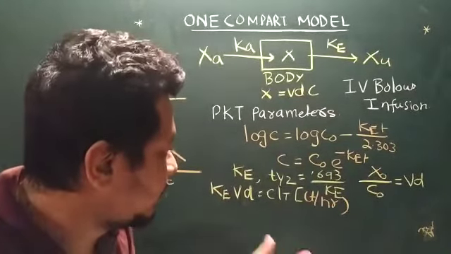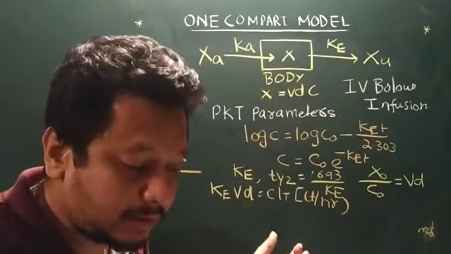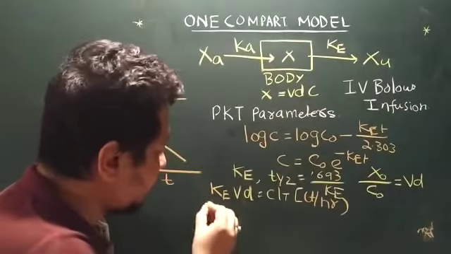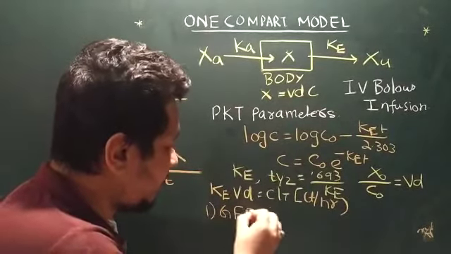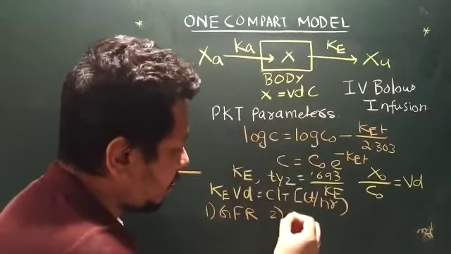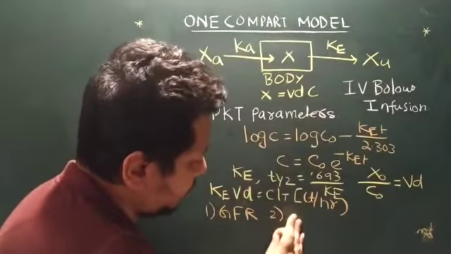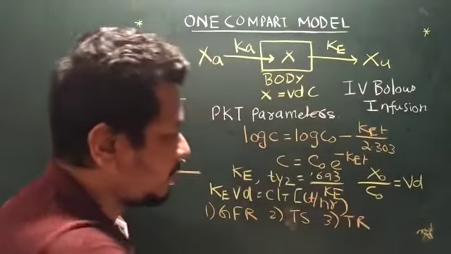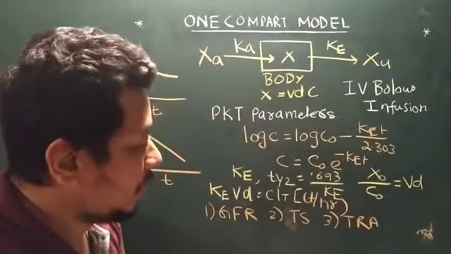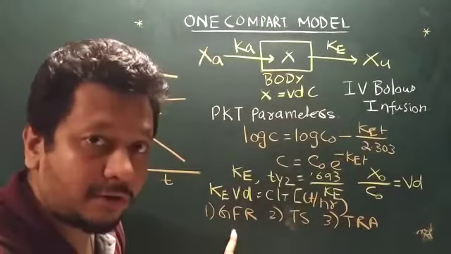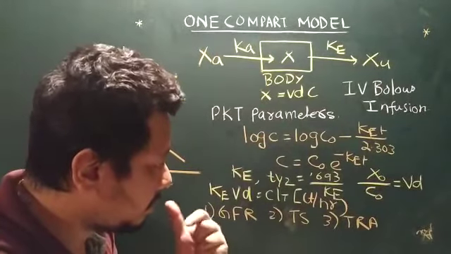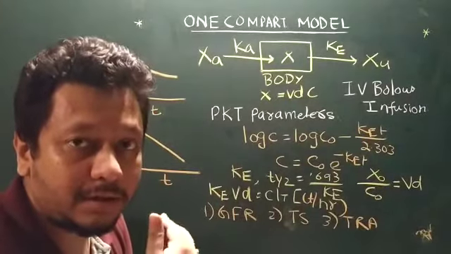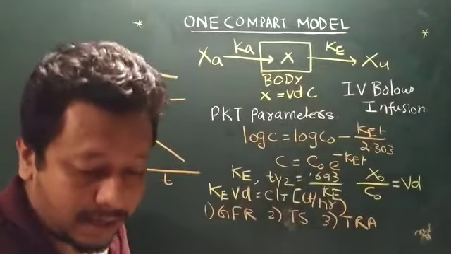So this is the expression of total clearance, and the total clearance is a function of, number one, glomerular filtration rate, number two, tubular secretion, number three, tubular reabsorption. These are the three important functions of the kidney. So the clearance actually measures a function of the kidney, how efficiently it is removing the drugs from the plasma. That is the basic understanding.